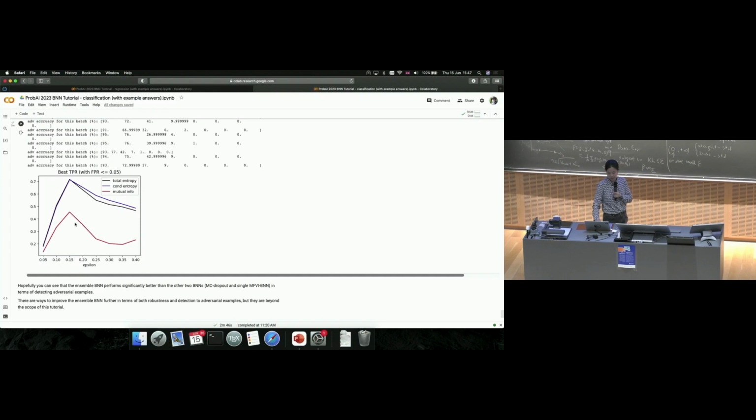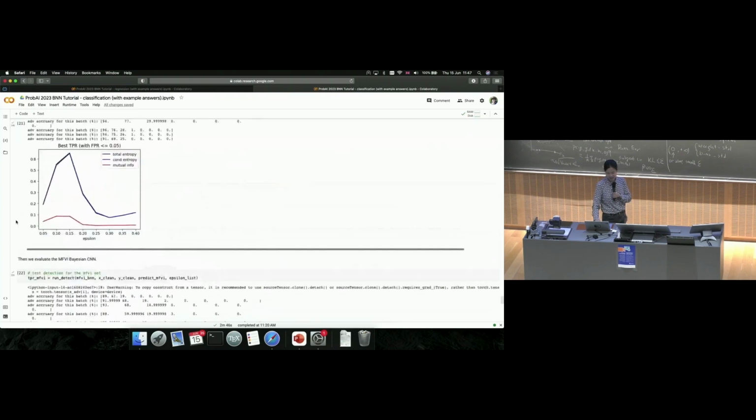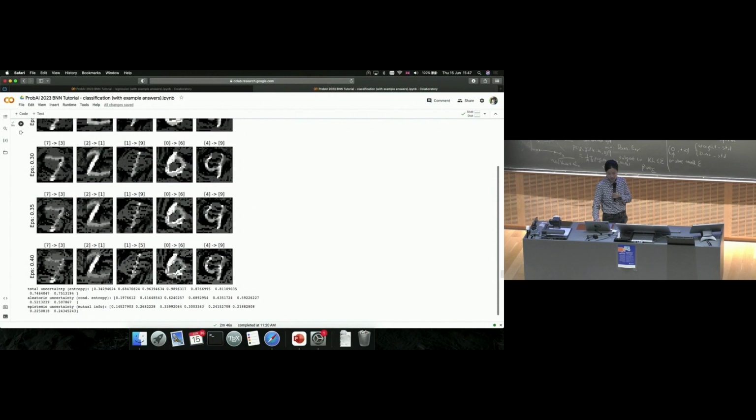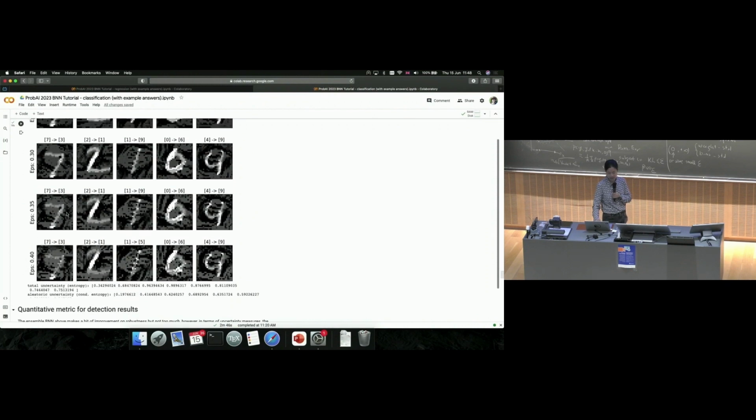So you can probably also see a gap between the total uncertainty or conditional uncertainty results and the mutual information one. So this also says that within this method, maybe you might not have very diverse experts, but rather each of the experts just think that, you know, these examples, when you have very strong strength of the attack that looks like this, they are just way out of distribution.